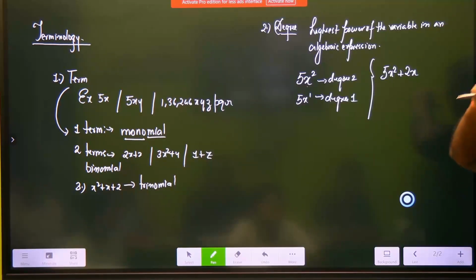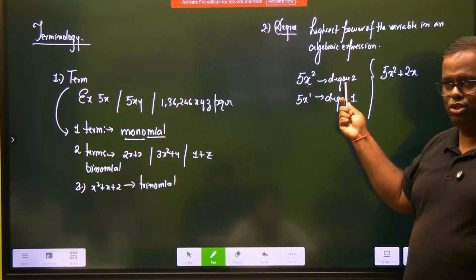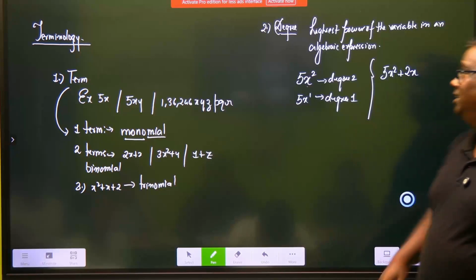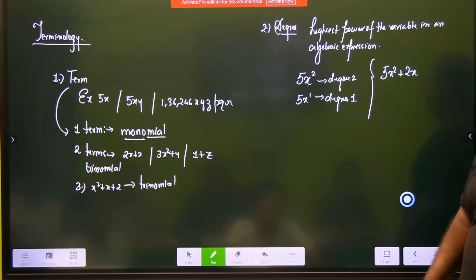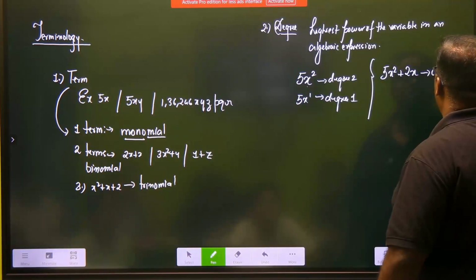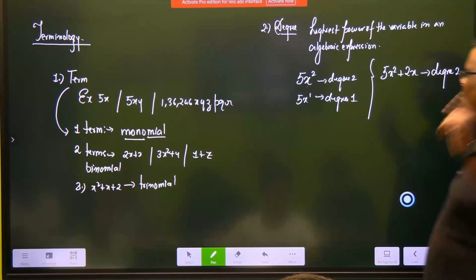Now let us make the words more clear. This was a monomial of degree 2. This was a monomial of degree 1. This is a binomial of degree 2. Is it getting into your head now? Able to understand? So here also I will say that the degree is 2. Clear? Let's see one more example.